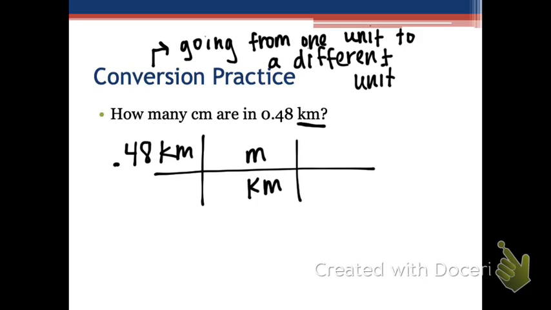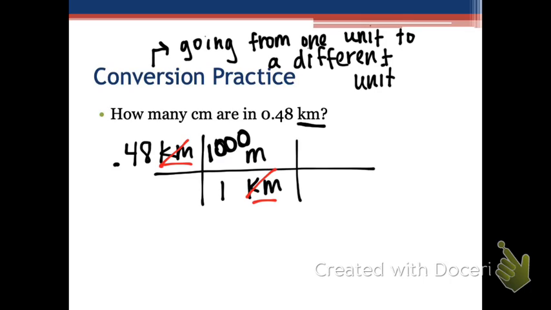Okay, this would be just like multiplying fractions. I say in 1 kilometer there are how many meters? 1,000. You need to have that number in your chart so you can see it. And if I multiply fractions and I have 1 in the numerator and 1 in the denominator, they cancel. Do we agree with that?